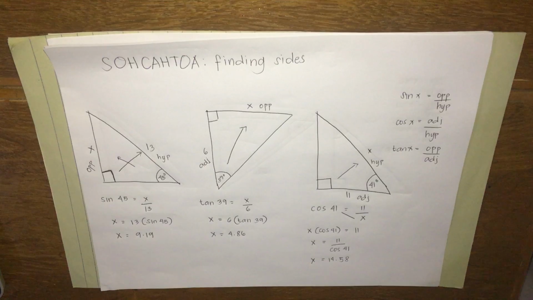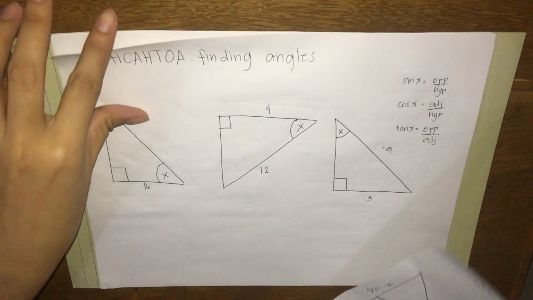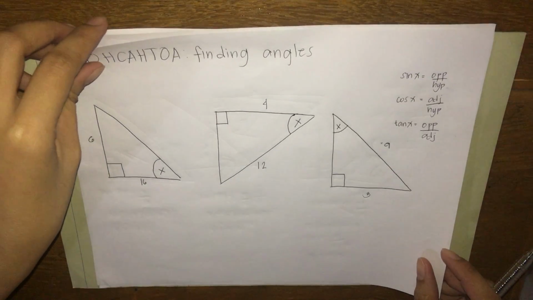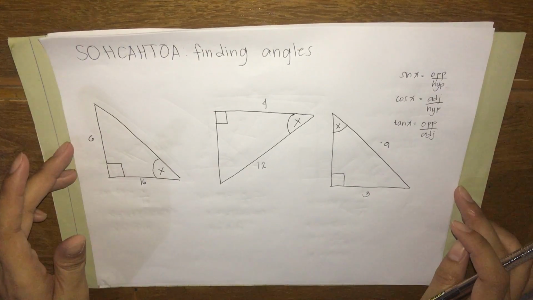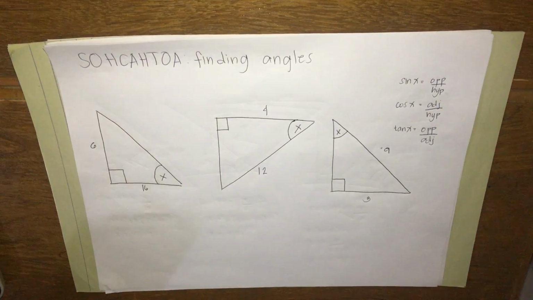So now let's proceed on finding the missing angle of a right triangle. So I have three examples here. First, again, same procedure.